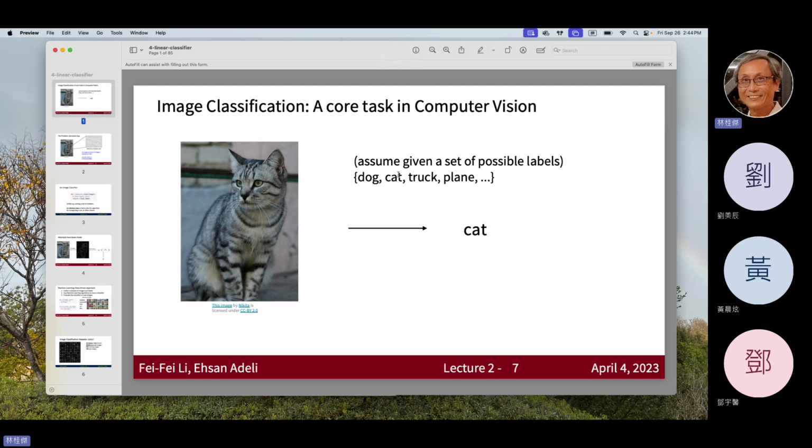Suppose that we are trying to create a program that can do a job called image classification. Image classification is one category of functions that we want to be able to ask the computer to do. Whenever it looks at a picture, it can tell me what's in there.